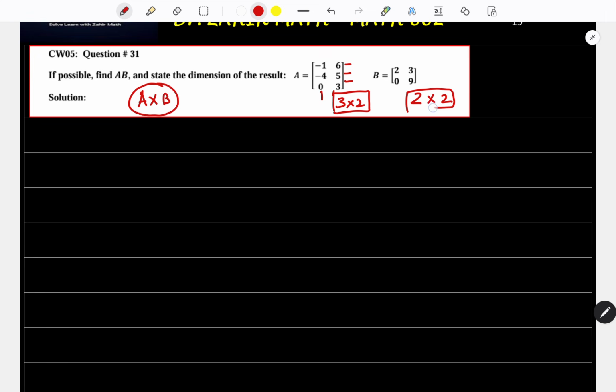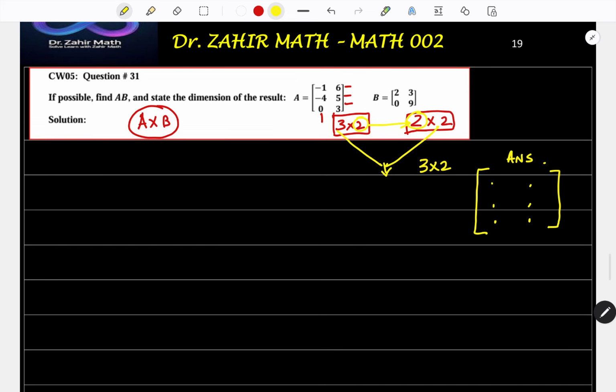Just now I said this number must be the same. If it is the same, then the resulting matrix will be what? 3 by 2 matrix. 3 by 2 means what? 3 rows: 1, 2, 3. How many columns? 2 columns. So your answer will be like this.